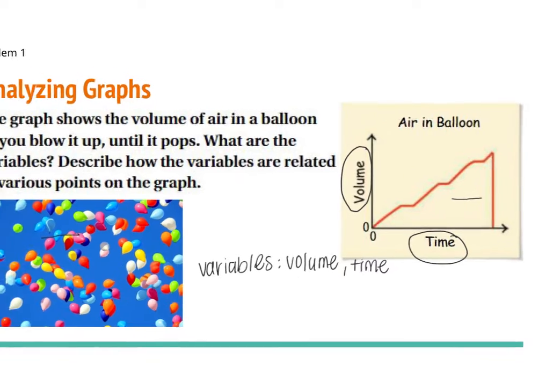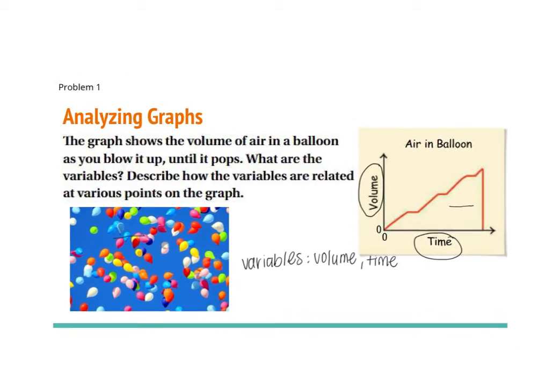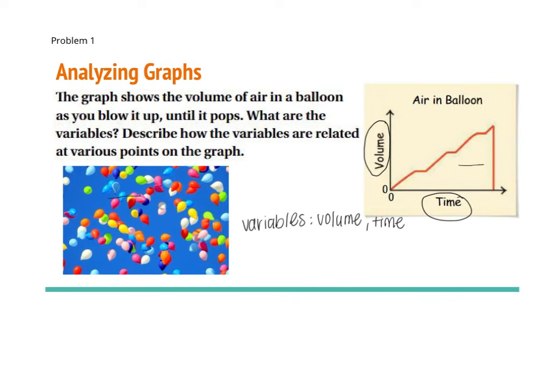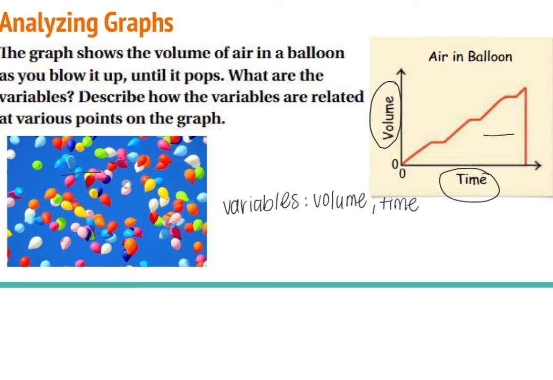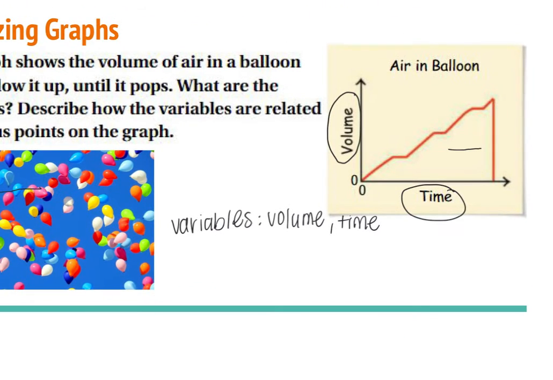Next part of the question says describe how the variables are related at various points on the graph. Well, we can say that the volume is 0 at time 0.